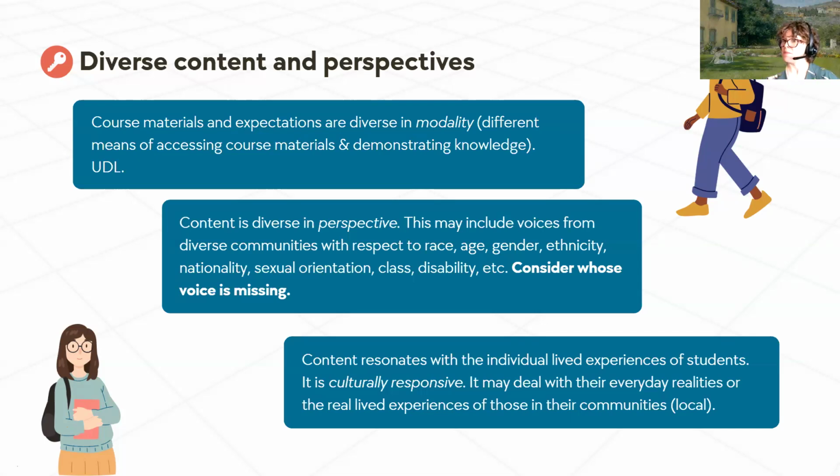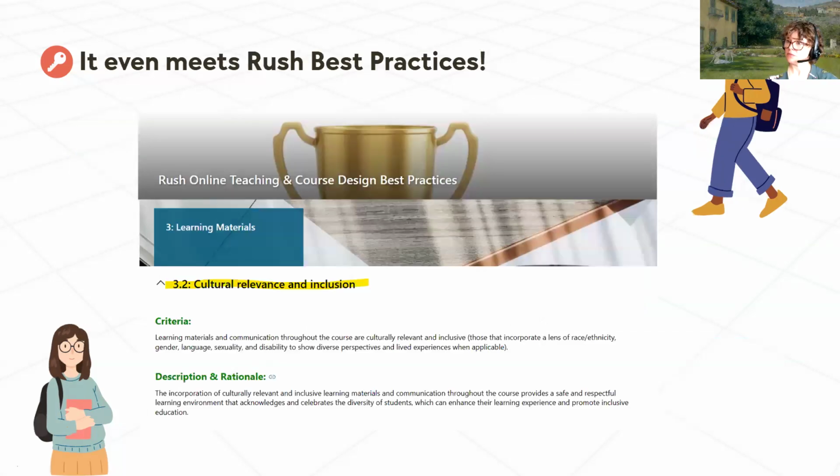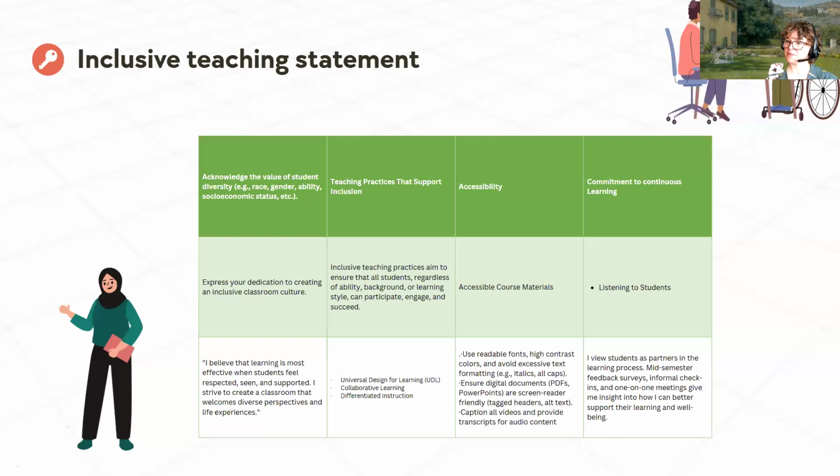So, three key points I think are always good to remember when evaluating for diverse content and perspectives. And it even meets Rush best practices. So just a quick nod to learning materials, best practice 3.2, and the emphasis on cultural relevance and inclusion.